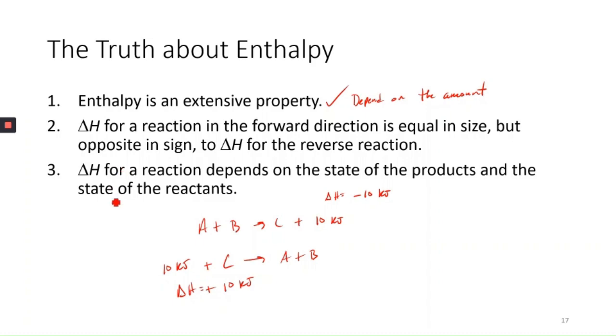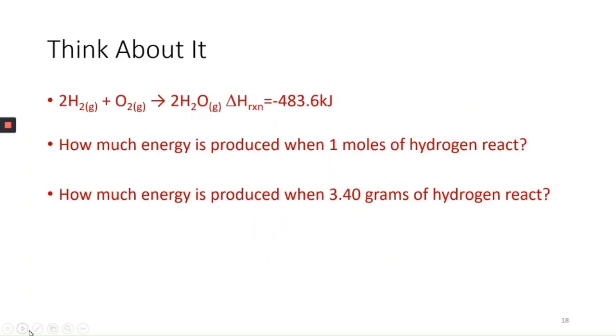And your delta H of the reaction depends on the states of your products and reactants. Your states are your solid, liquid, gas, aqueous. These are important. So let's think about this. If I have 2 moles of hydrogen plus 1 mole of oxygen to yield 2 moles of water, and this is the enthalpy of the reaction, how much energy is produced when I am reacting only 1 mole of hydrogen?